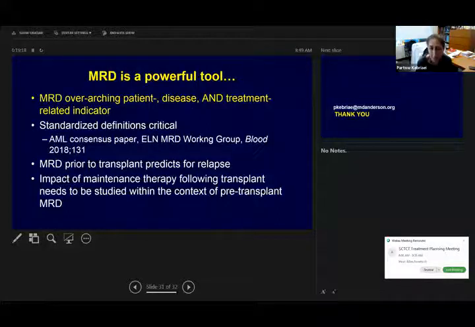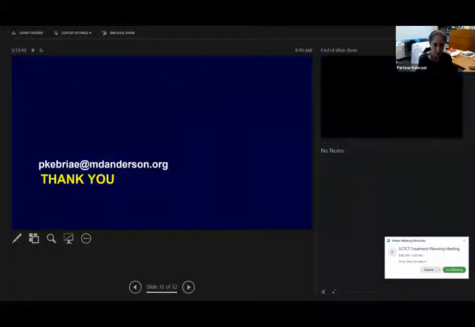It's critical that we standardize methods to assess for MRD, and I think we are doing that. MRD prior to transplant definitely predicts for relapse, and we need to continue to work on optimizing our ways to intervene to reduce this risk for relapse. And with that, I thank you for your attention.